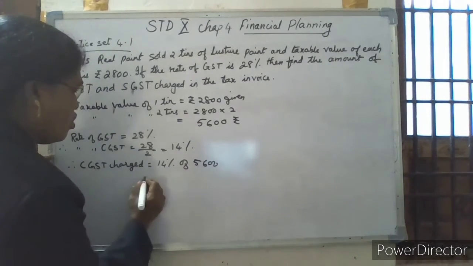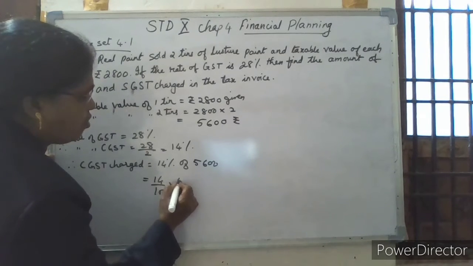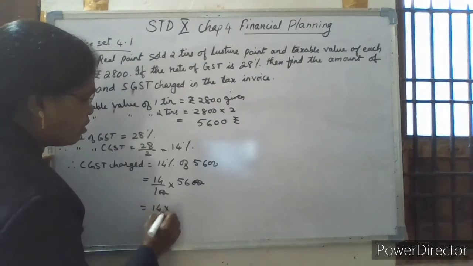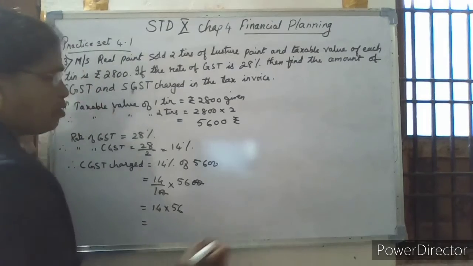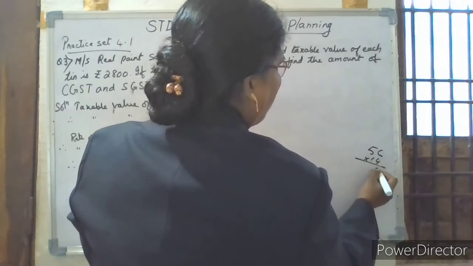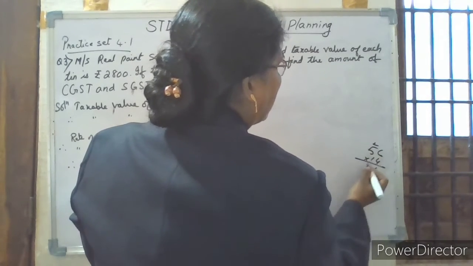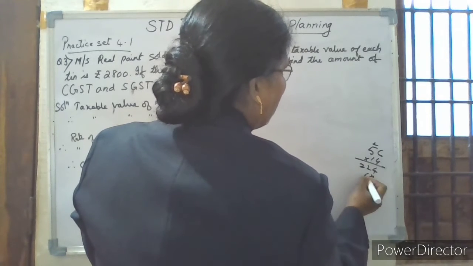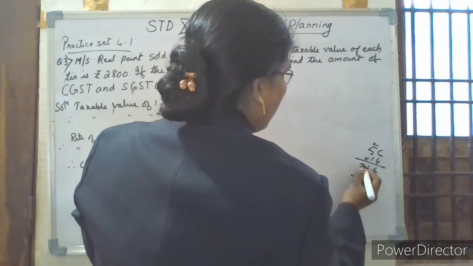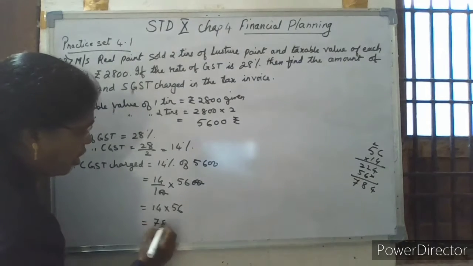So this is equal to 14 by 100 of 5,600. The zeros cancel, so it is equal to 14 multiplied by 56, which is 784 rupees.